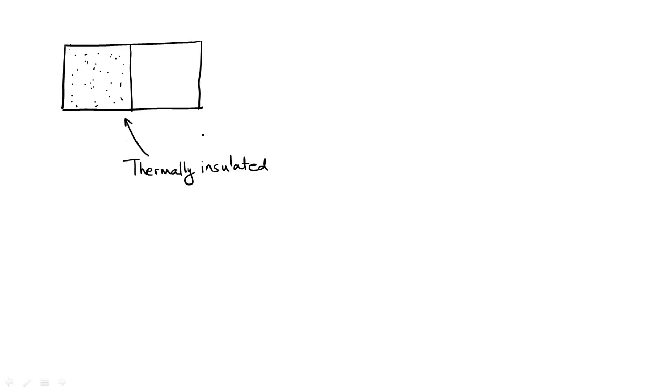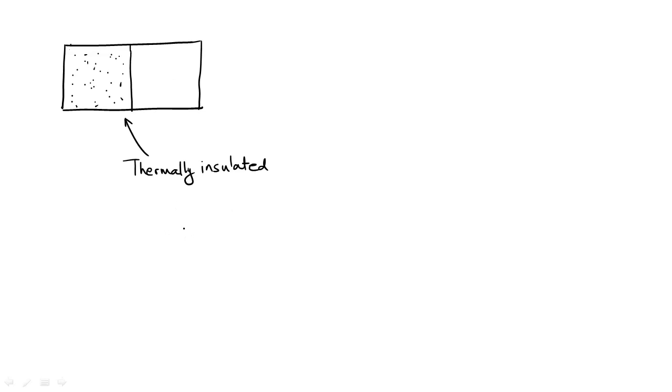You see here the initial state of the system. Let us now remove this partition. And you know intuitively what will happen. The gas will expand to fill up the entire chamber. The question is, what is the change in entropy of the universe during this process of the gas expanding within this chamber?